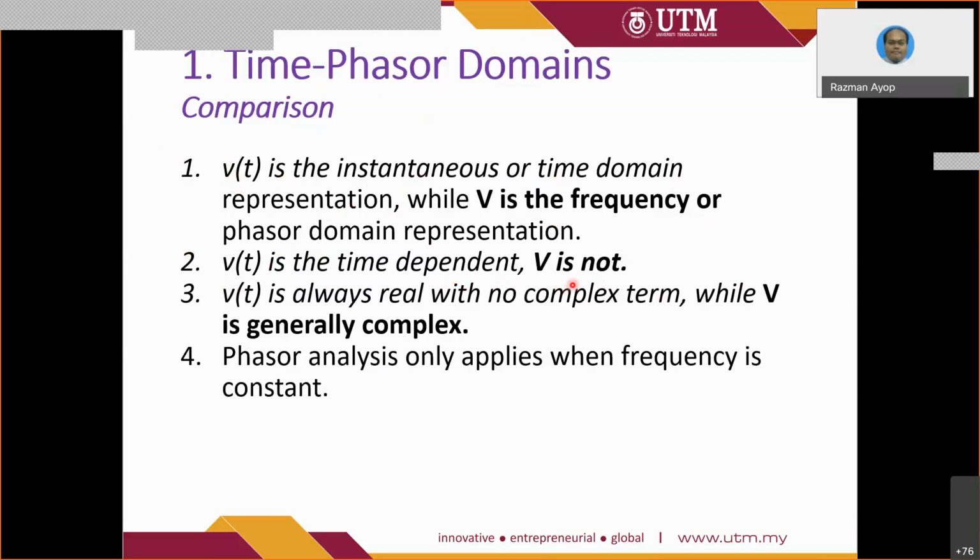It will always be constant with time. V(t) is always real and has no complex number, while V in phasor domain is generally a complex number. And lastly, phasor analysis only applies when frequency is constant. If you don't have constant frequency, you cannot use phasor analysis.